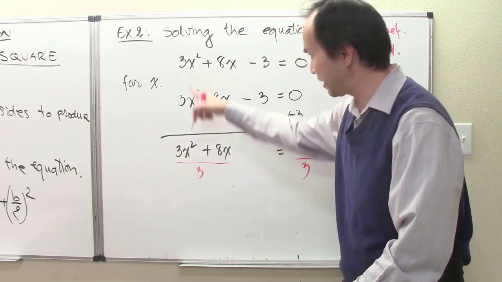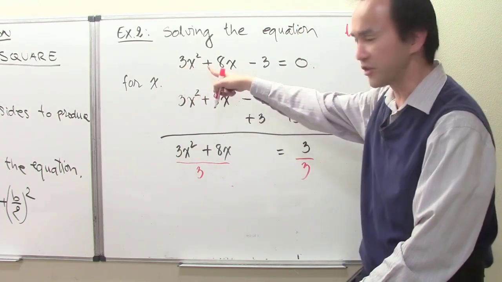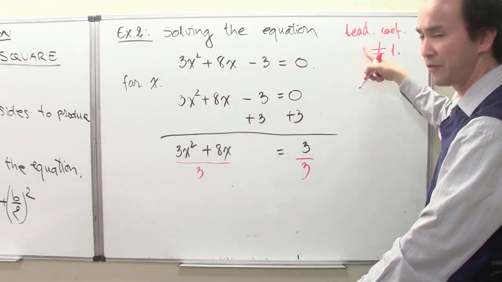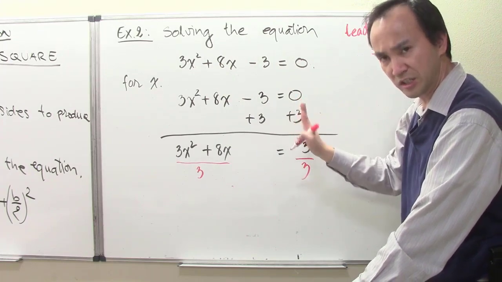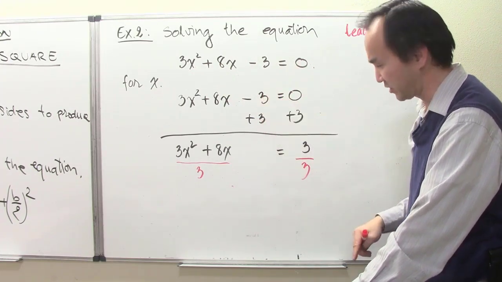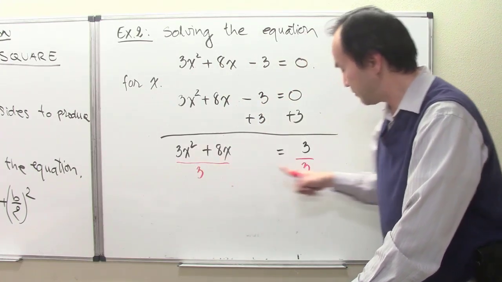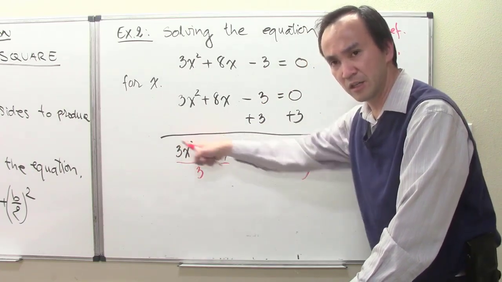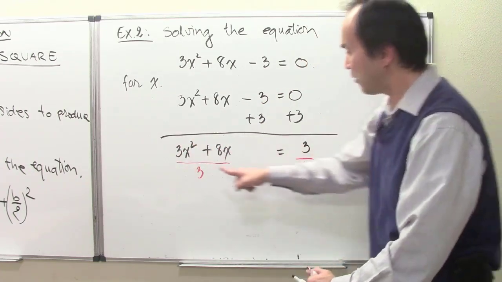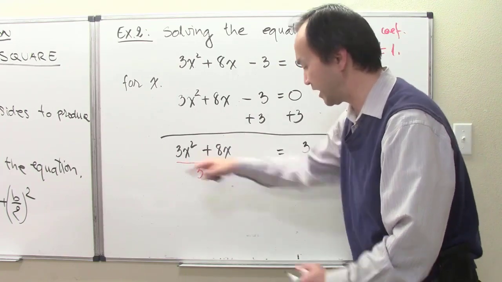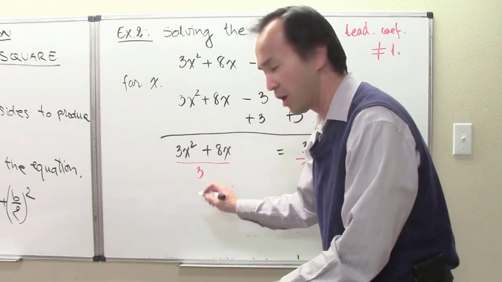That's how we treat an equation in standard form with leading coefficient other than 1. Anytime you want to use the complete the square method, we have to divide both sides of the equation by the leading coefficient.